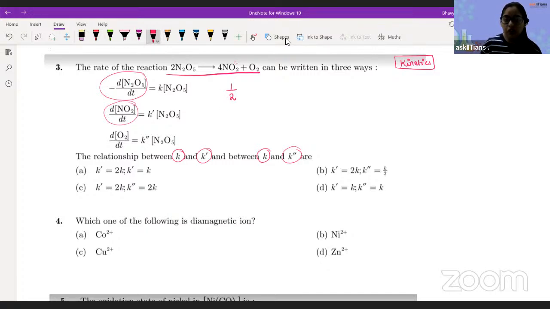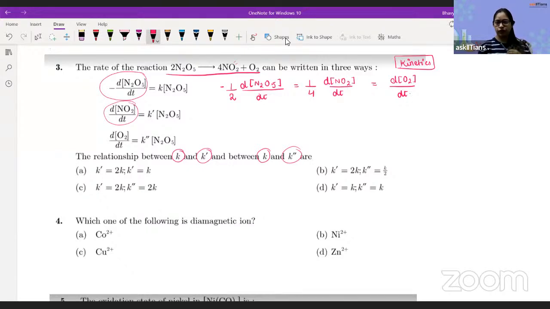So how will I work on this? I know that this part, because we talk about the molar equations, is equal to 1 by 4 d[NO2]/dt. This is also equal to d[O2]/dt. So if I'm writing in terms of this, it would be 4 by 2.